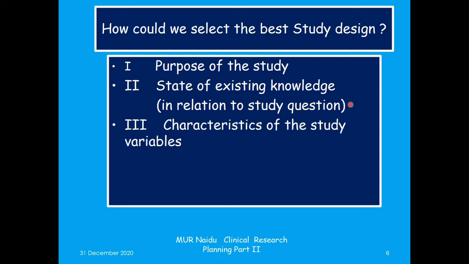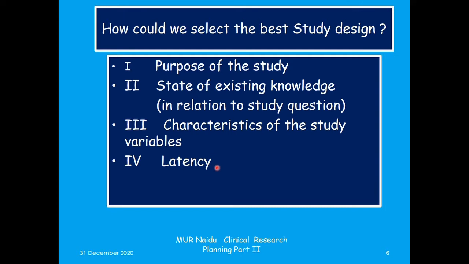The third thing is the characteristics of variables. What are the various types of variables you would like to collect during your clinical study also influences your study design. The fourth one is the latency. Latency means the total duration of the period which is required to do a clinical trial.